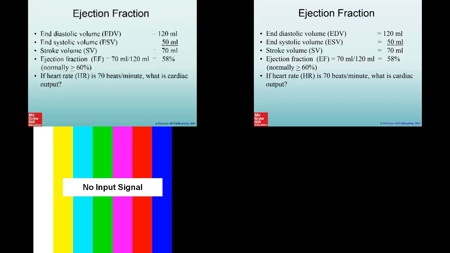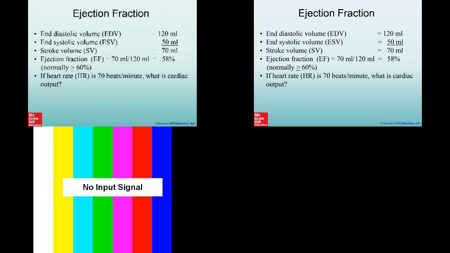So if you consider that you've got here a stroke volume of 70 milliliters, one heartbeat pumps 70 milliliters of blood into the aorta. If you want to figure out how much blood you're pumping per minute, you multiply that by the number of heartbeats per minute, the number of times the heart contracts per minute.